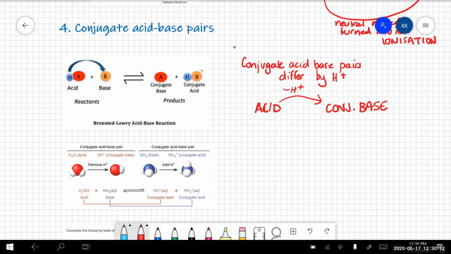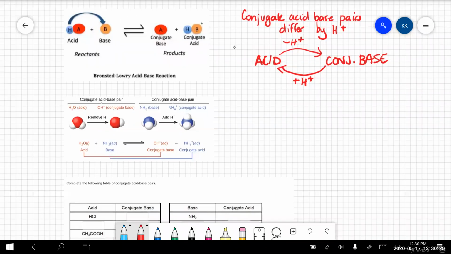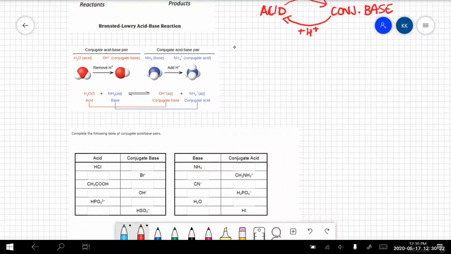Losing a proton, gaining a proton. If we have a look, in this example, water acting as an acid, we remove its H+, and we end up with the conjugate base, the hydroxide ion. Ammonia, the base, we add H+, and we end up with the ammonium ion.